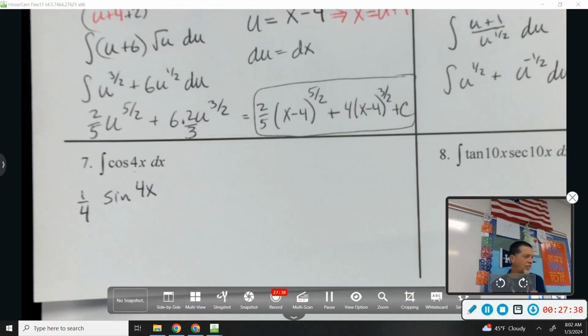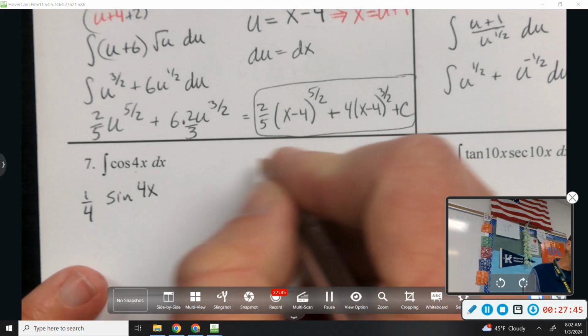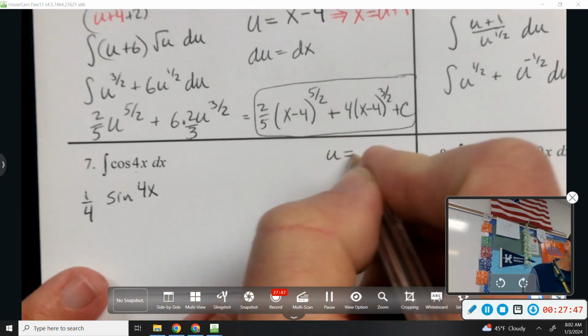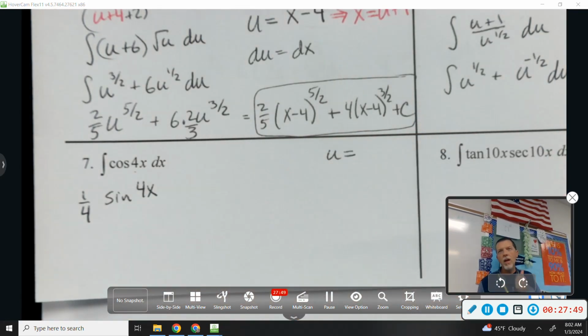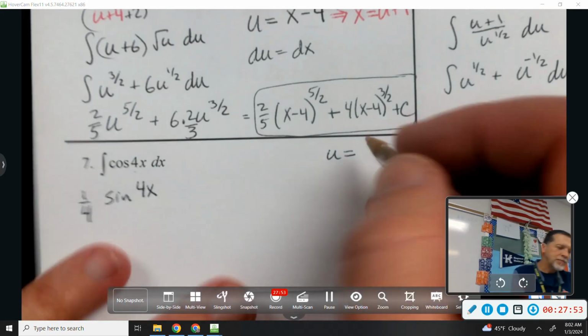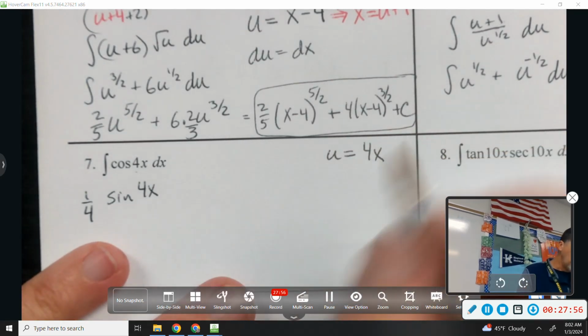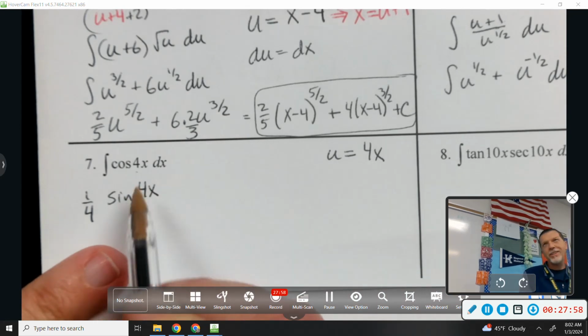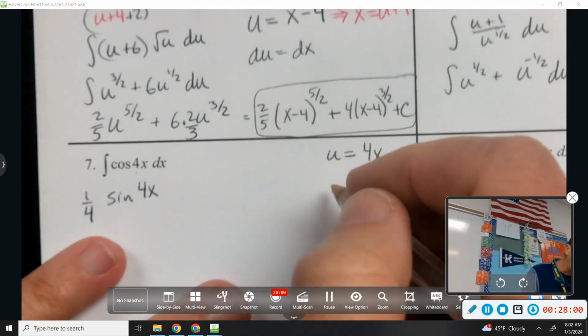Now, that's the way many of you are going to eventually do this problem. Do you know what, if you wanted to work it as a u substitution problem, what u would be? There's not really much of a choice here. 4x. You don't want it to be cosine of 4x because then du is sine and then that's too complicated.